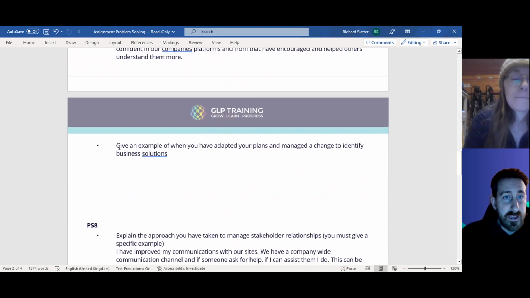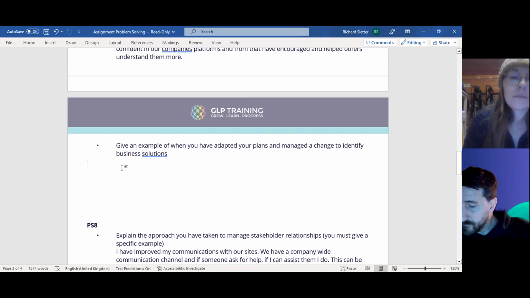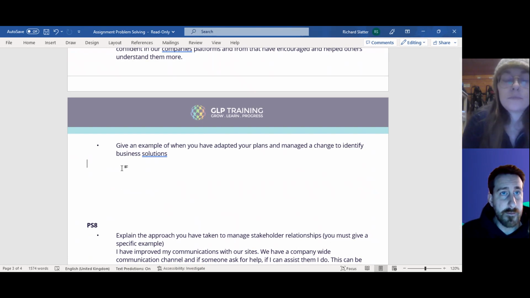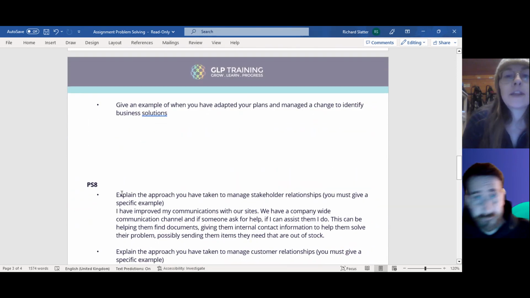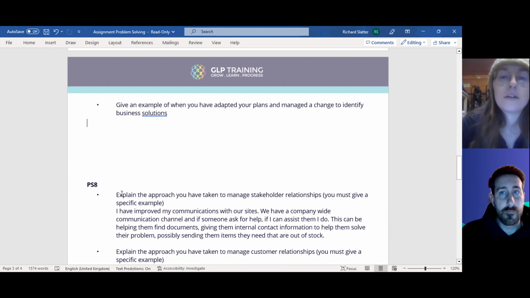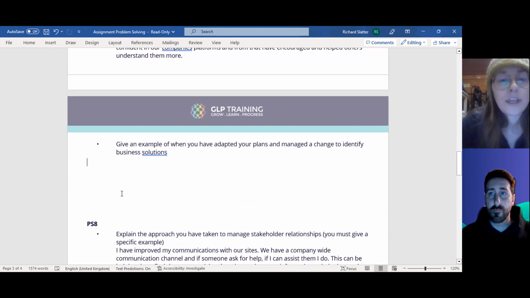Okay, next is give an example of when you have adapted your plans and managed a change to identify business solutions. So again, what did I write down for this? I think it's because it's like three separate things.